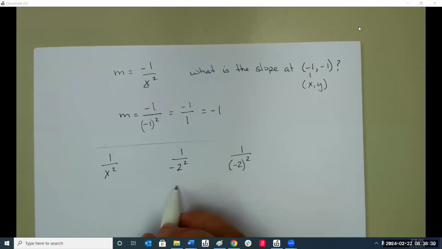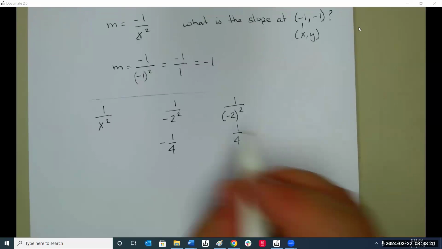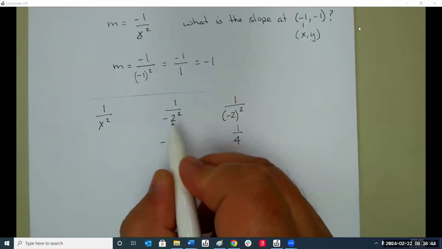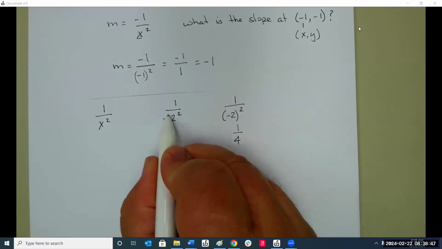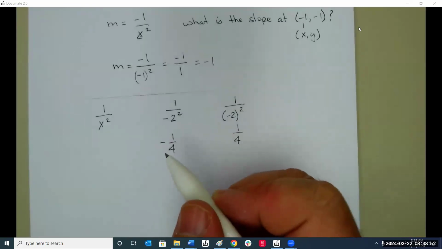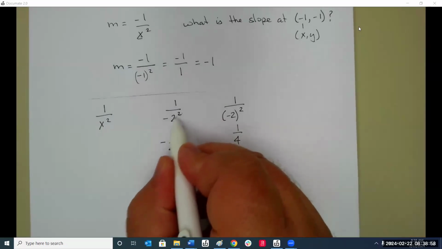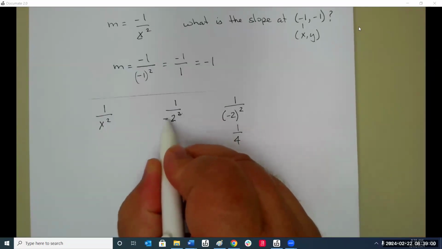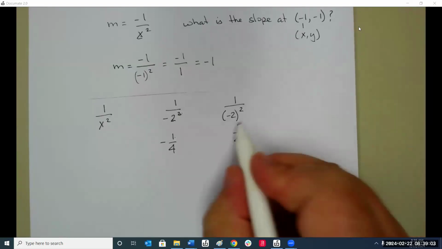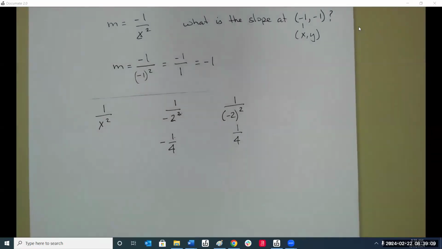Because of order of operations, this is multiplication. This is -1 times 2 to the power 2. Which is more important in order of operations, exponents or multiplication? Exponents. So we have to do 2 squared, which is 4, and the negative stays out in front. This one, I do the whole parenthesis, -2 times -2. So be very careful about that.